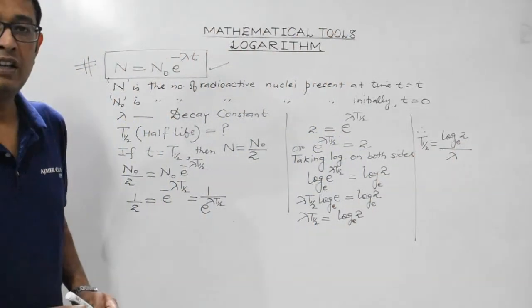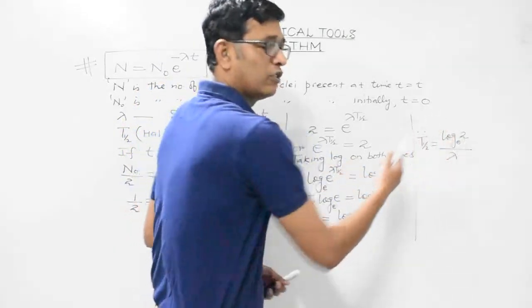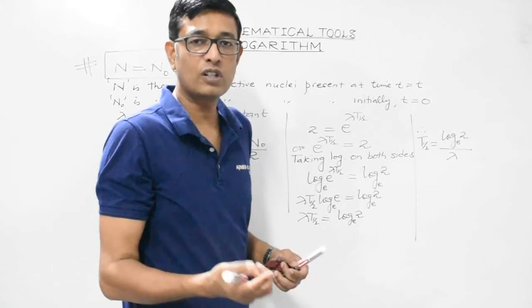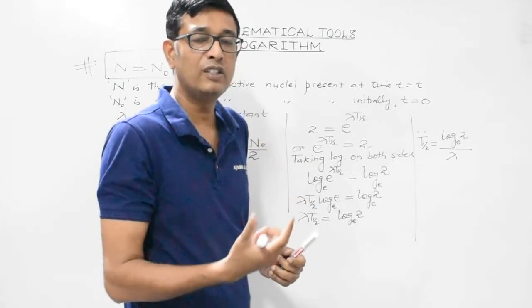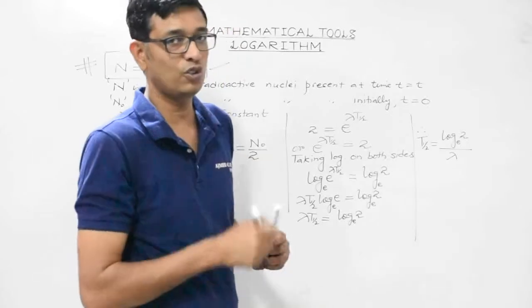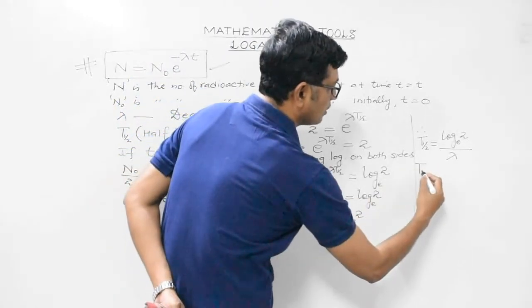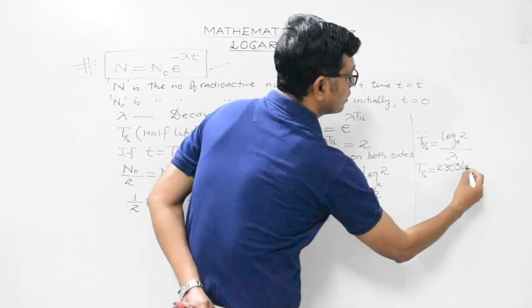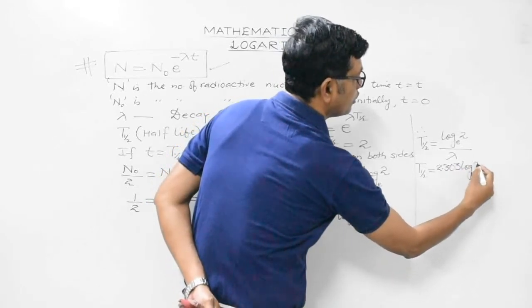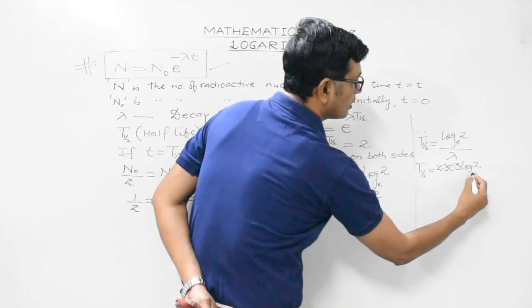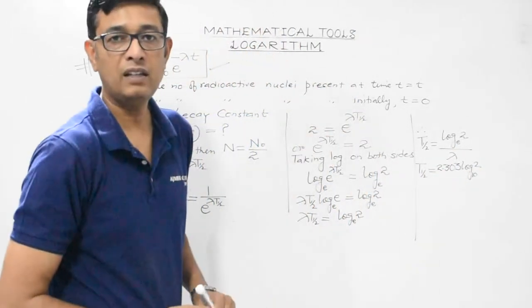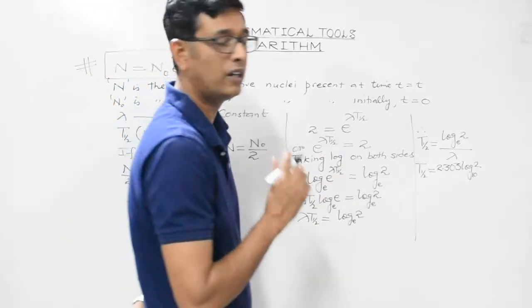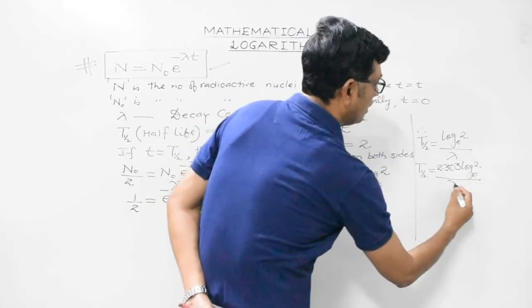Am I clear, students? Now, as I have told you, we are not aware of the value of natural log of 2, so we need to convert it into common log. To convert natural log into common log, it needs to be multiplied by 2.303. So we get 2.303 times log base 10 of 2, divided by lambda.